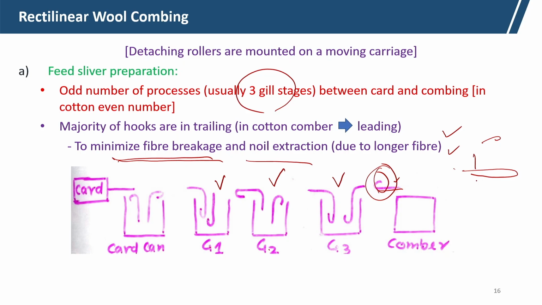If the nipping is taking place, these are the nipper plates, if this is nipped, then this loop will be there, and then the cylinder comb will come into the picture and break this loop and make one long fiber into two short fibers. So, fiber breakage will take place.